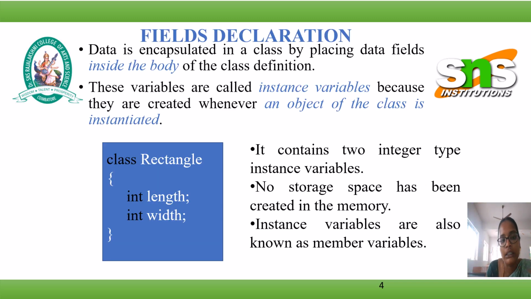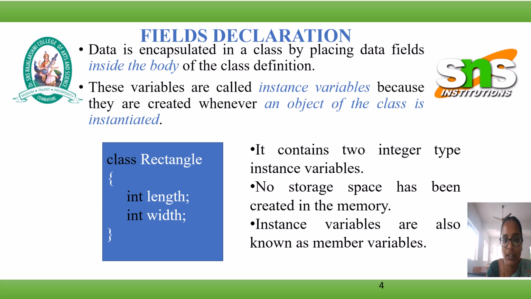Field declaration. Inside the class, we have to specify fields and also methods. First we'll see how we can create a field declaration. Every class encapsulates different variables and fields. Inside the class, we create a field with the help of data types only.